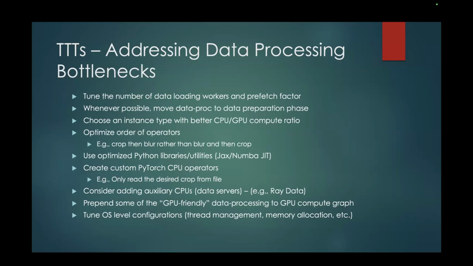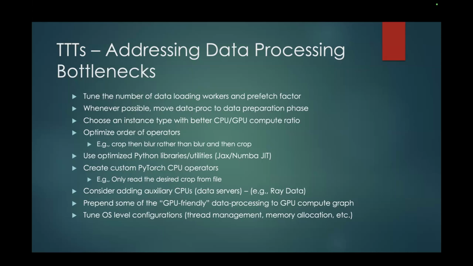I actually forgot, I wanted to drop in a link here to a blog post we wrote on this topic. I think it's the PyTorch profiling and optimization series, part 5, where we demonstrate how we create a custom PyTorch operator that only reads the desired crop from the file rather than loading the entire file and then cropping it, which saves us, once again, a bunch of CPU cycles.